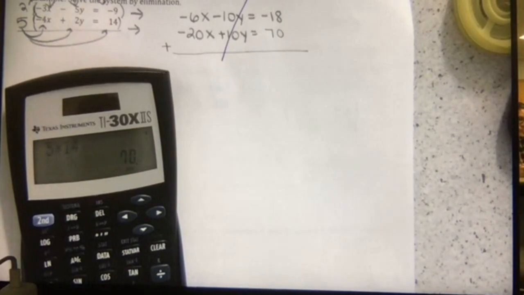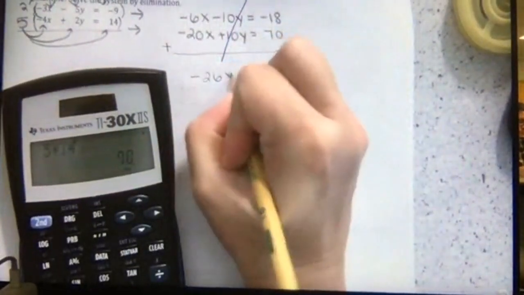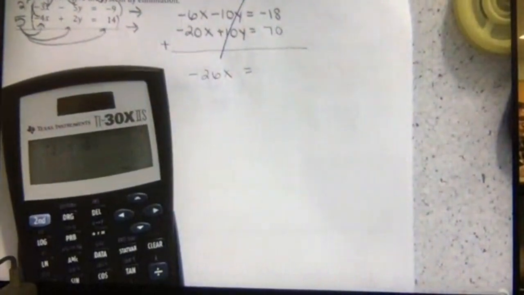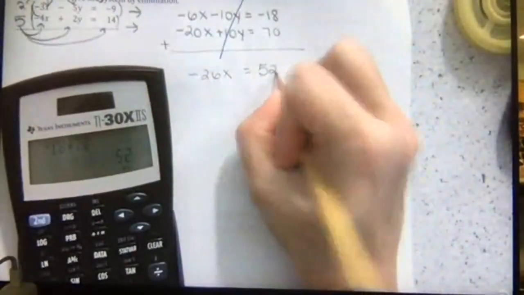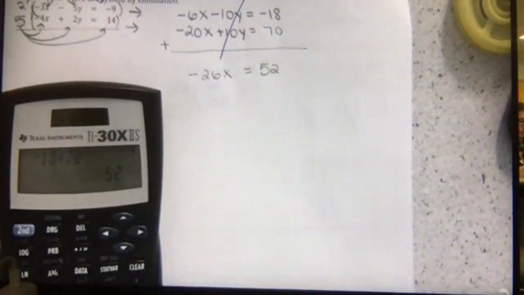If we add them, -6x minus 20x will leave us with -26x equals -18 plus 70, which is 52. So negative 26x equals 52.